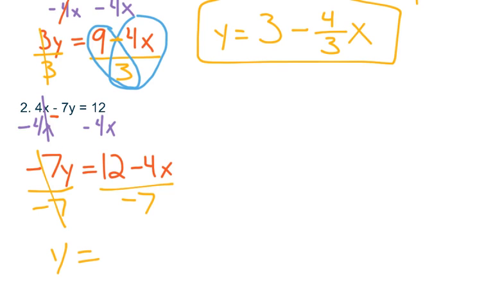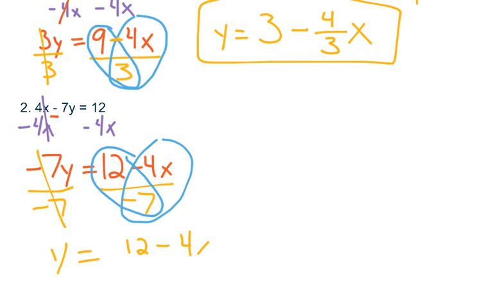I got y equals. Now, if we think about our heart method, 12 over 7 really doesn't simplify any farther, and it's not a good decimal by any stretch. 4 over 7, same thing, doesn't really simplify to anything. If you get something like this, where nothing really simplifies out, I am more than okay with you writing your answer like this: 12 minus 4x all over negative 7.